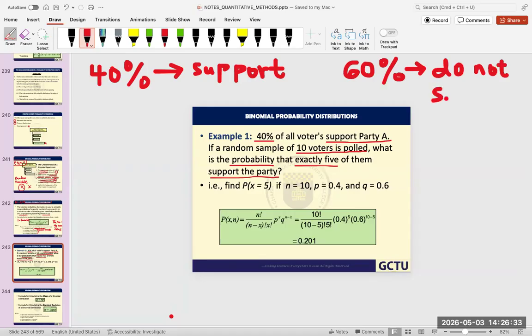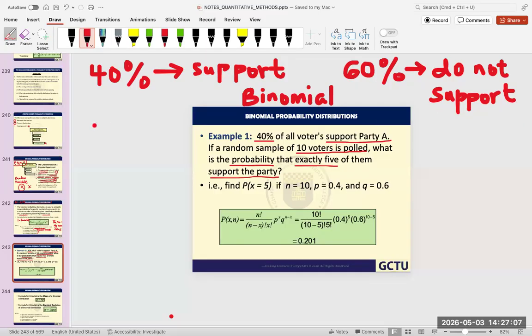So these are the two possibilities that we are seeing. And once you see any scenario that is giving you an idea that there are two outcomes or two possibilities, then the word binomial should come into your thinking. Two possibilities, support and do not support.